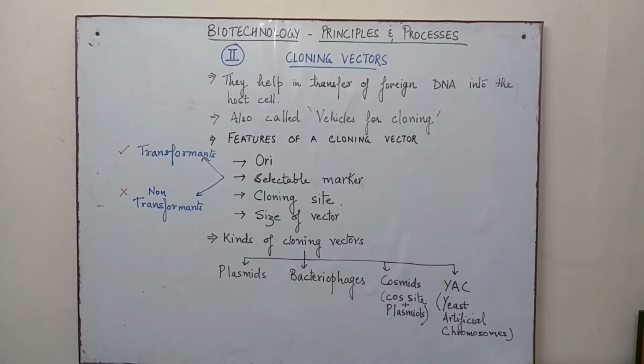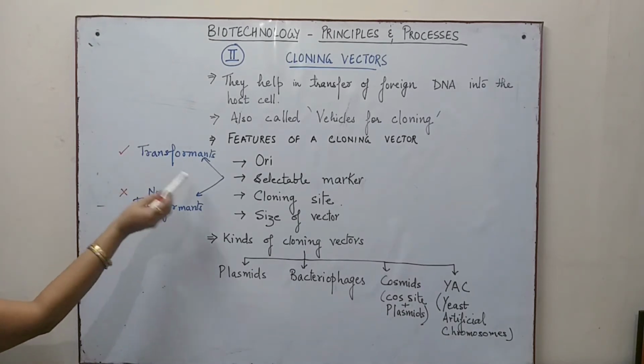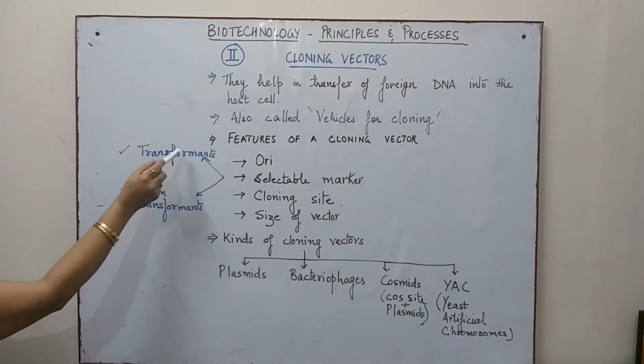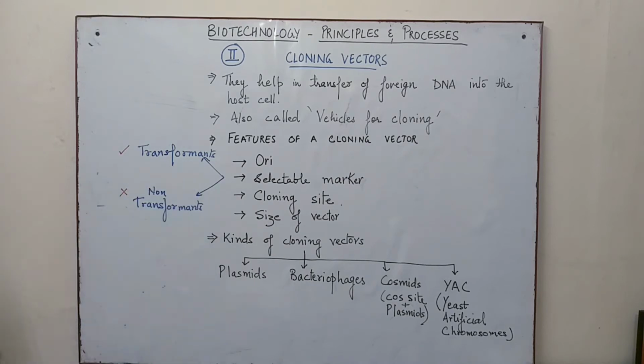That is what is known as the transformant, whereas the other one which has not incorporated the foreign DNA will be known as non-transformants. So the selectable marker helps in choosing the transformants from non-transformants.